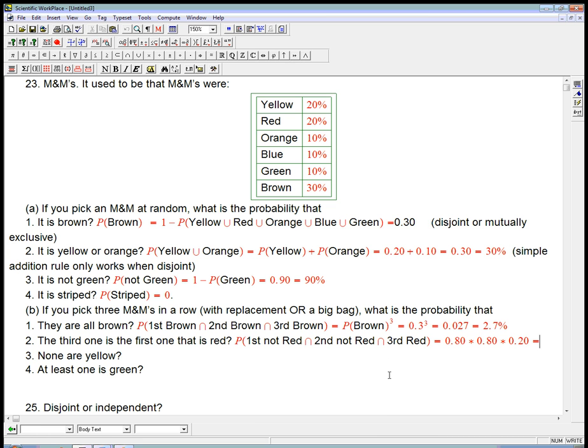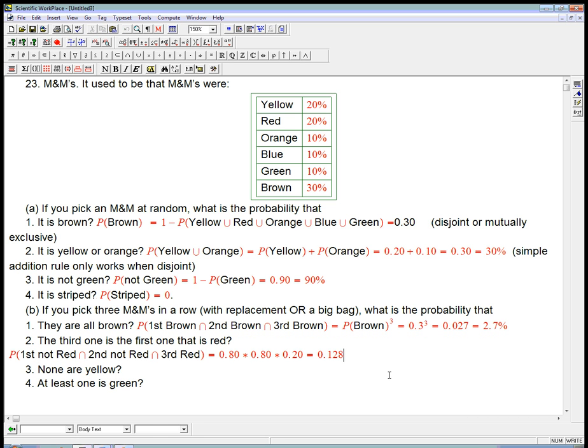That's going to be 0.128, I think, right? Yeah, equals 0.128, or 12.8%. So it's actually fairly likely. It's interesting that it's more likely than getting 3 browns, mainly because the first 2 conditions are just saying not red, which is pretty darn likely.